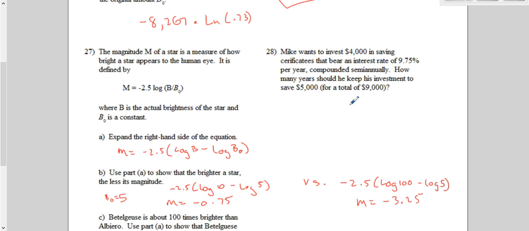If Mike wants to invest in a savings certificate that bears an interest rate of 9.75% per year, compounded semi-annually, how many years should he keep his investment to save $5,000? Okay, let me erase this down here, give myself some room.